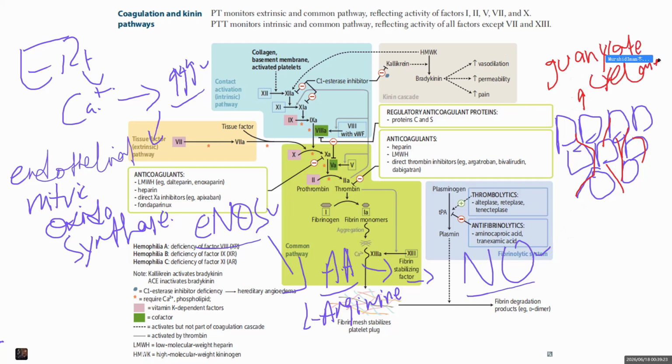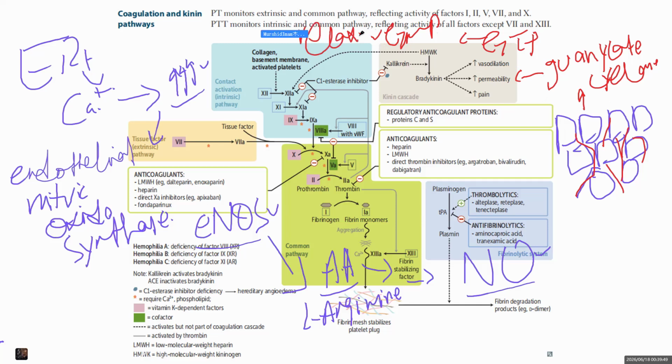Guanylate cyclase. Okay. And once the guanylate cyclase is activated, right, it converts one of the molecules called GTP. It starts converting the GTP into cGMP, and you can see that this cGMP is now being produced and letting the smooth muscles relax.